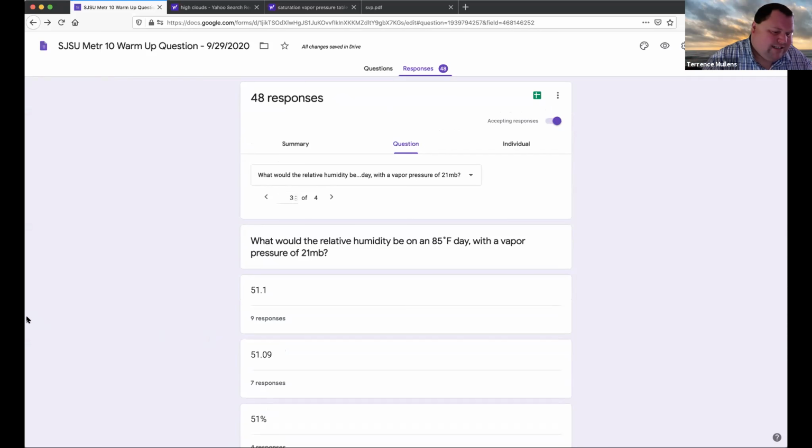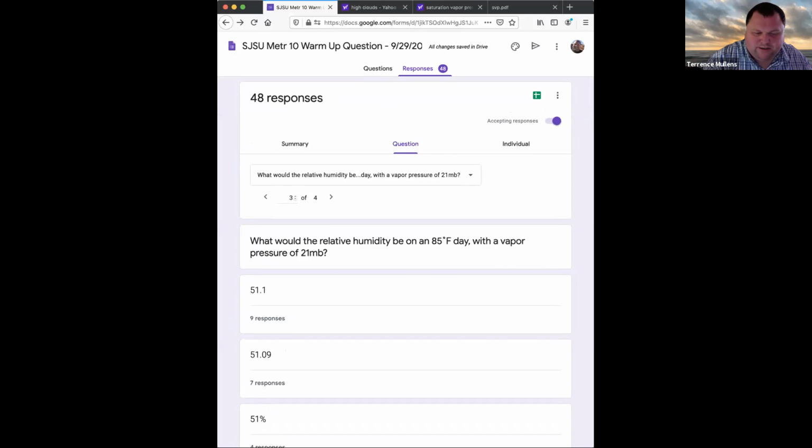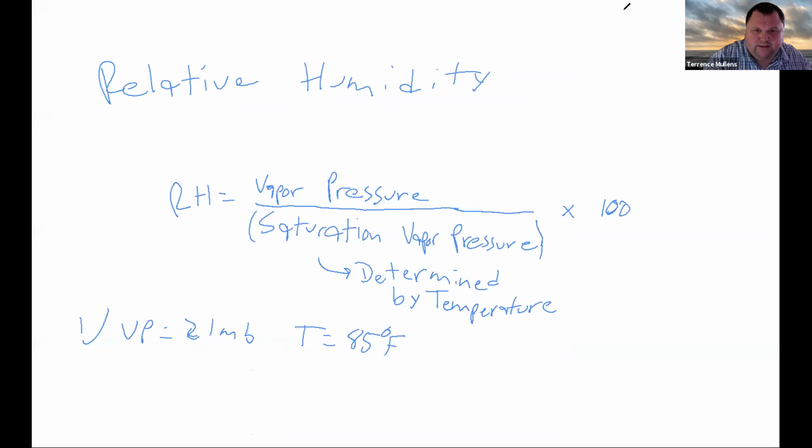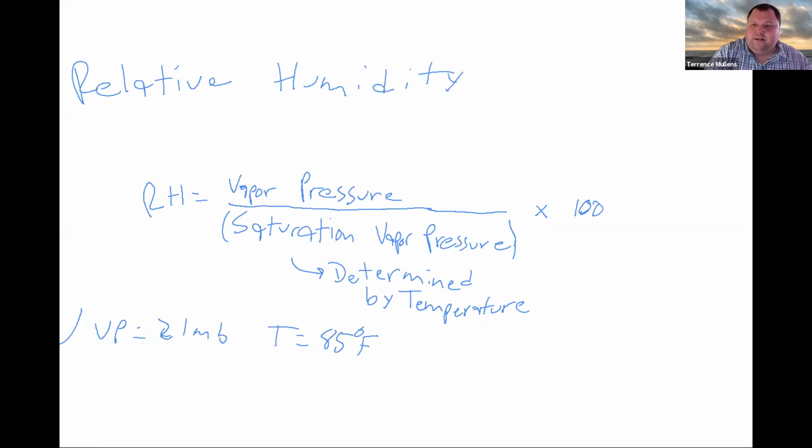Well, let's do it. Let me pull back up my dry erase board real quick. So back to this. For a temperature of 85 degrees, if we go to that table, it would give you a saturation vapor pressure of 41.1.